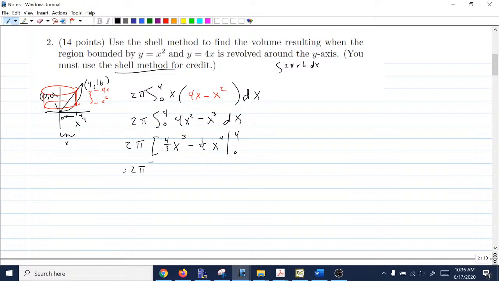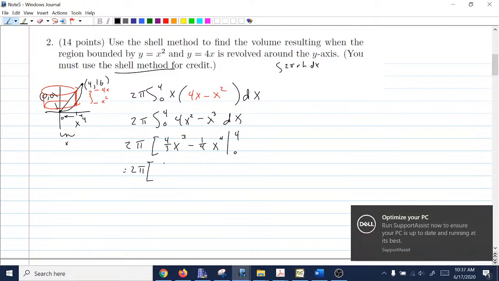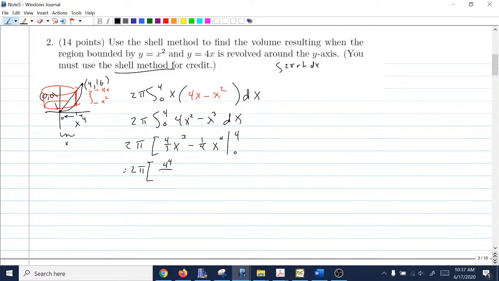I get 2 pi times 4 cubed times 4 makes 4 to the 4. I think that's that 256 again. 4 to the 4 over 4 minus 0.